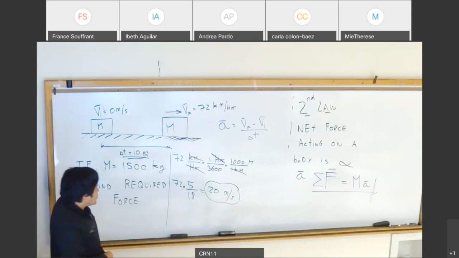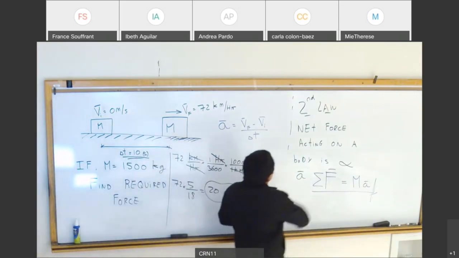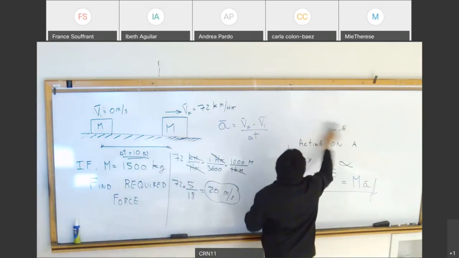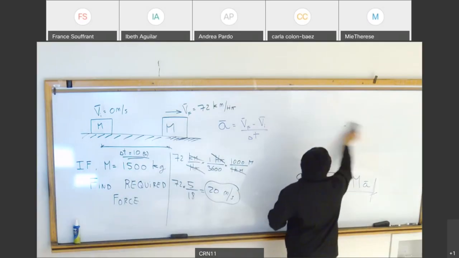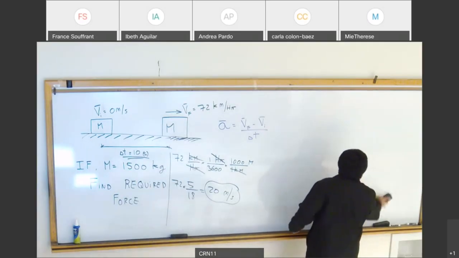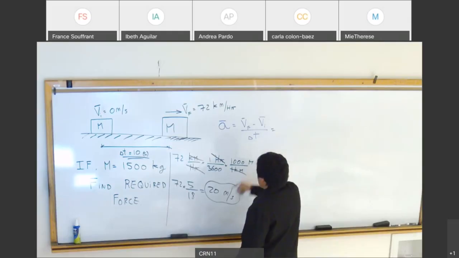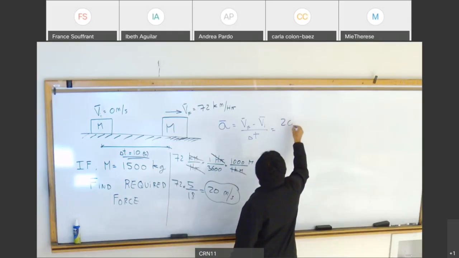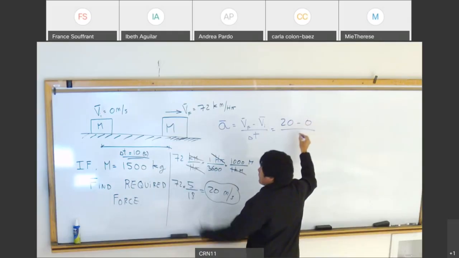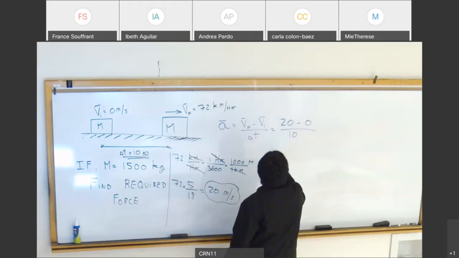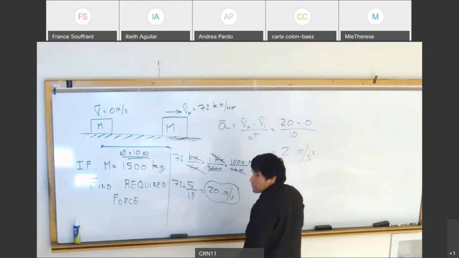So the acceleration will be, using this equation, 20 minus 0 divided by 10 seconds. That will be 2 meters per second squared.